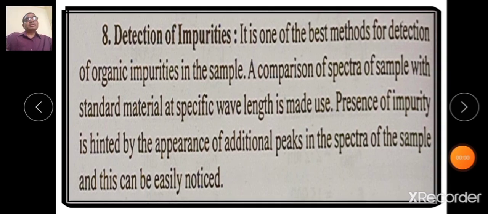Okay, students, with this point we have completed all points from the topic UV visible spectroscopy.